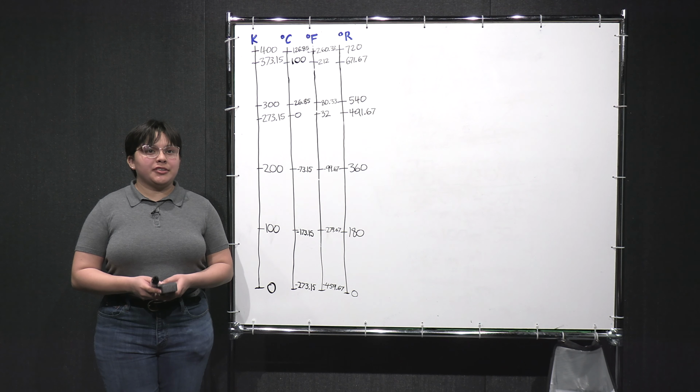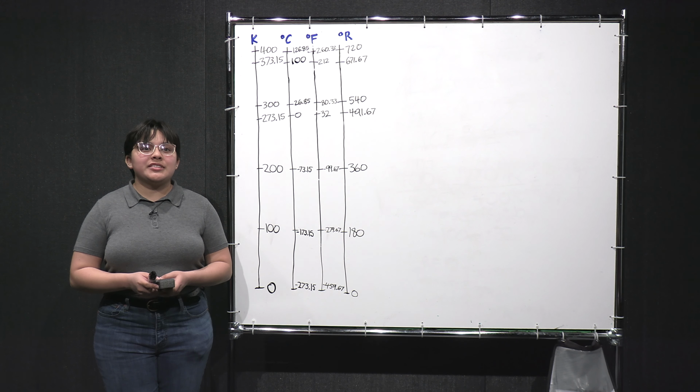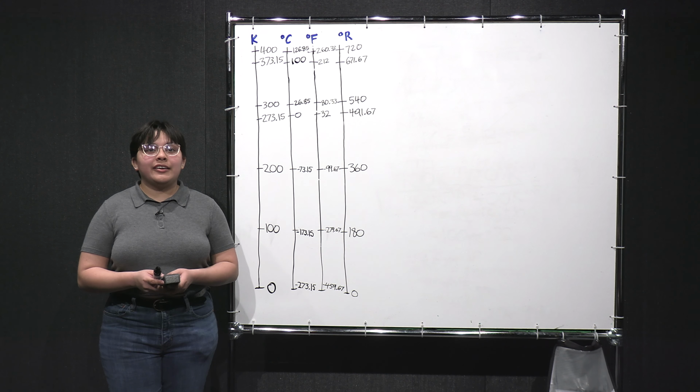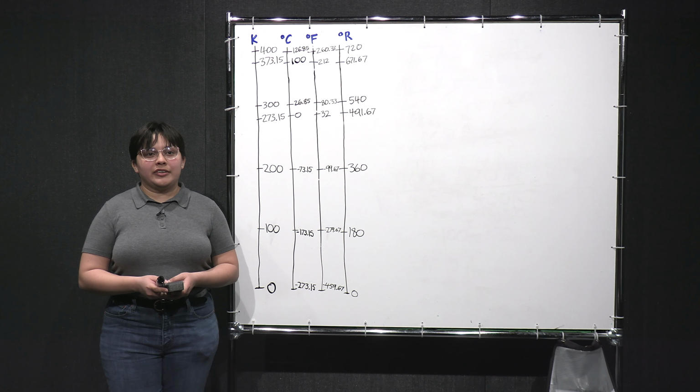To convert temperature intervals rather than temperatures from one scale to another, multiply by 1 in the case of degrees Celsius to Kelvin, Kelvin to degrees Celsius, degrees Rankine to degrees Fahrenheit, and degrees Fahrenheit to degrees Rankine.